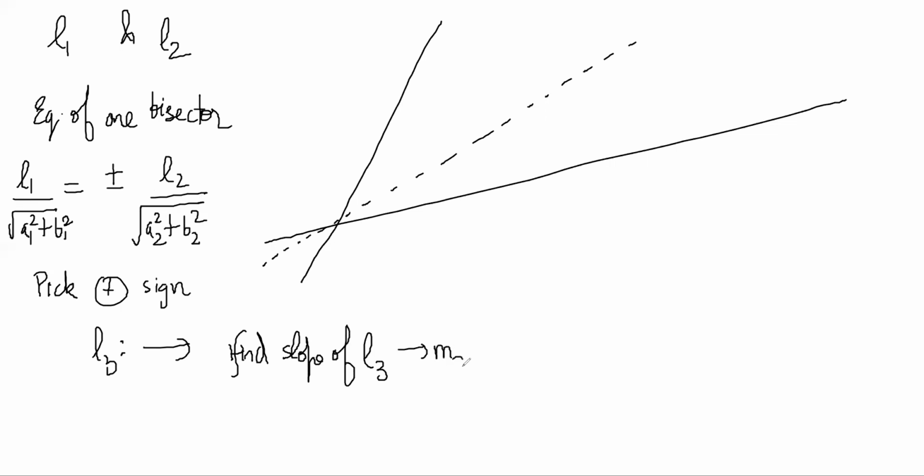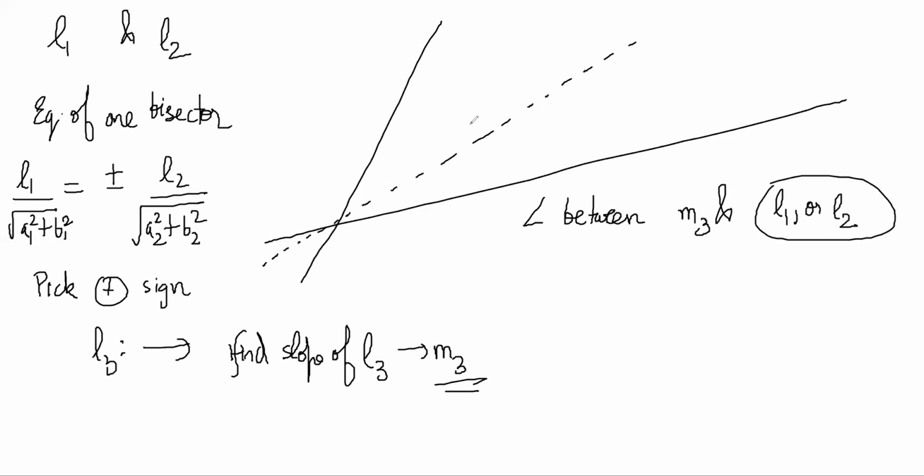Find the slope of L3. Let's call it M3, right? Then find the angle between M3 and L1 or L2, the angle between the bisector and the line. How do you find that? Tan theta is equal to mod of (M3 minus M1) by (1 plus M3 M1), right?